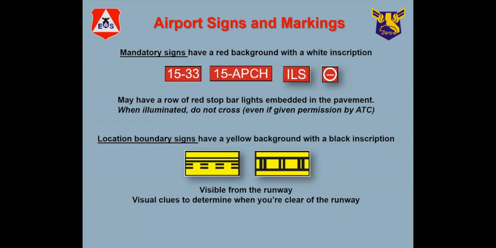So how do we know where we are on the airport? They have these signs. If it's a red background with white characters on it, the one on the left is telling you runway 15 is to your left, and 33, the opposite end, is to your right. 15 approach is runway 15's approach corridor.